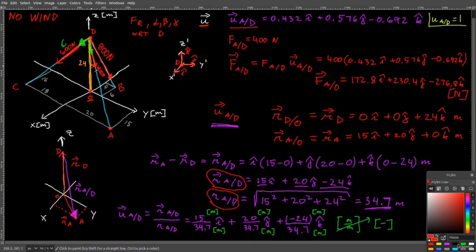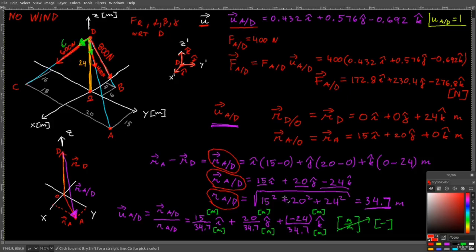Again, you had a force vector that goes from point D till point A. You know its magnitude, which is 400 newtons, but you don't know its separate x, y, and z components with respect to point D. But you know the dimensions of the structure. So through two position vectors, one from O till D and the other one from O till A, you obtain this displacement vector that goes from D till A.